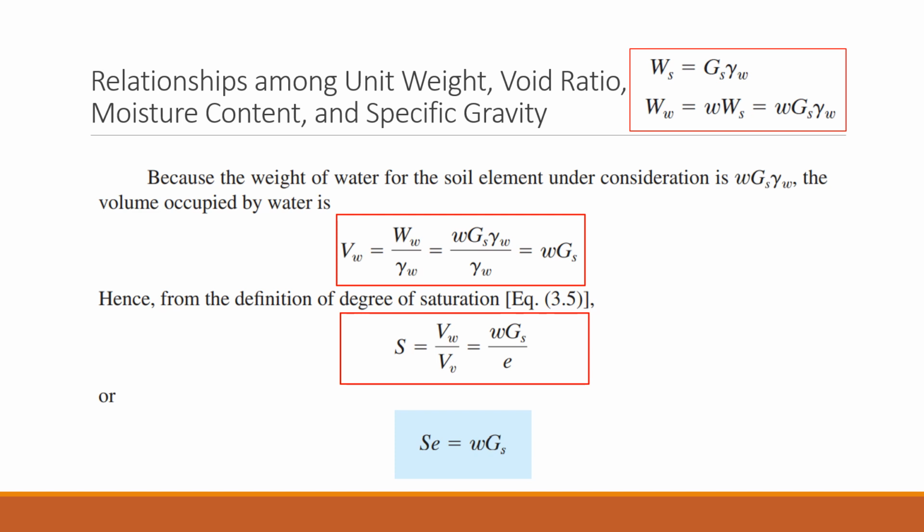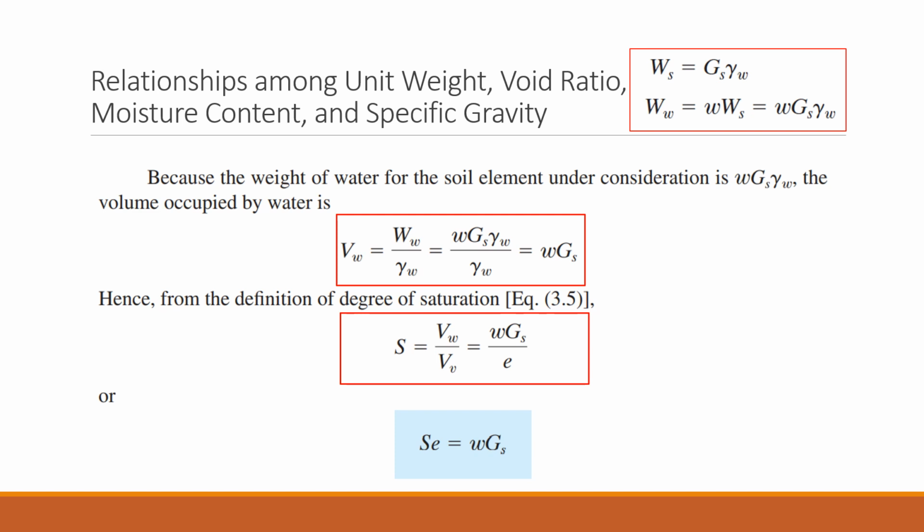Because the weight of the soil element under consideration is expressed using moisture content, specific gravity of the soil, and the unit weight of water, the volume occupied by water now becomes, we know that the volume of water is equal to the weight of water over the unit weight of water.